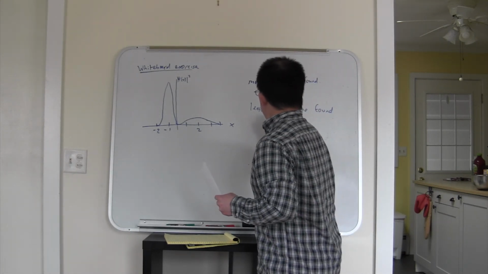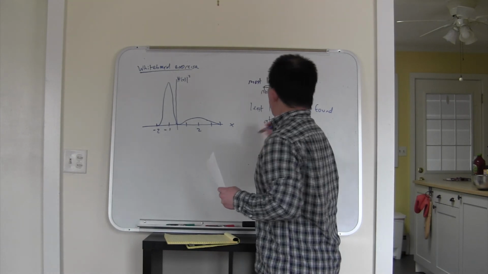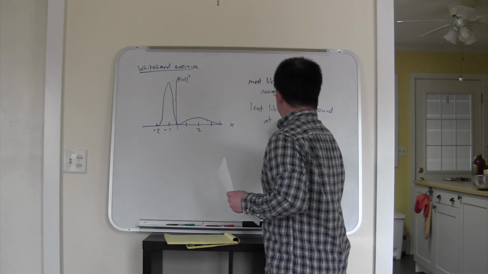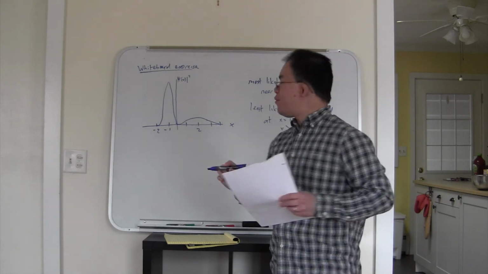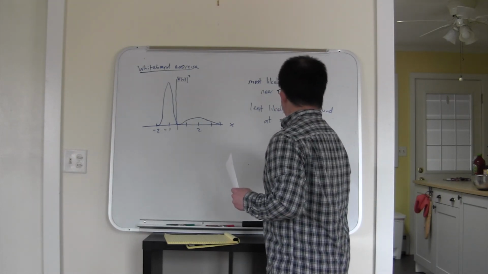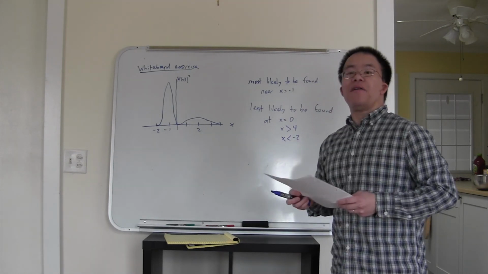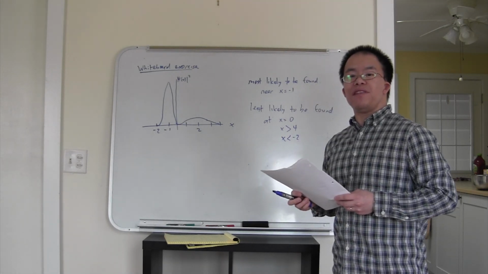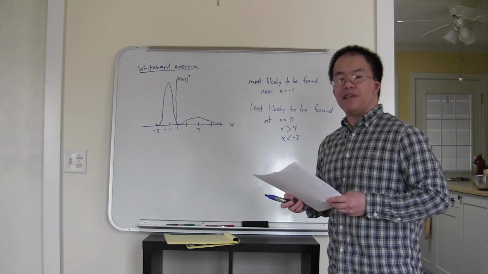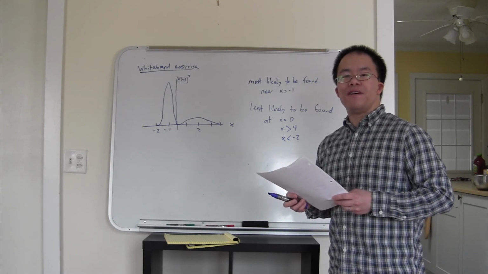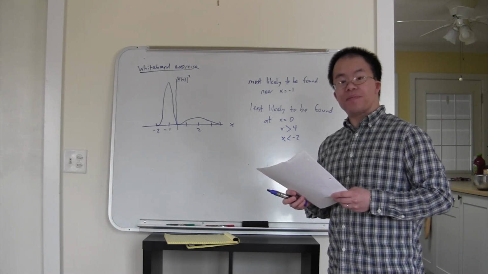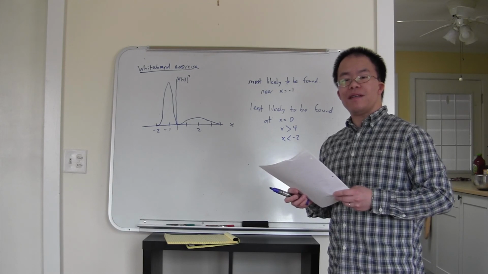So at x equals 0, or for x greater than 4, or x less than -2. Okay, very good. So let's do one more exercise about wave functions and probability.